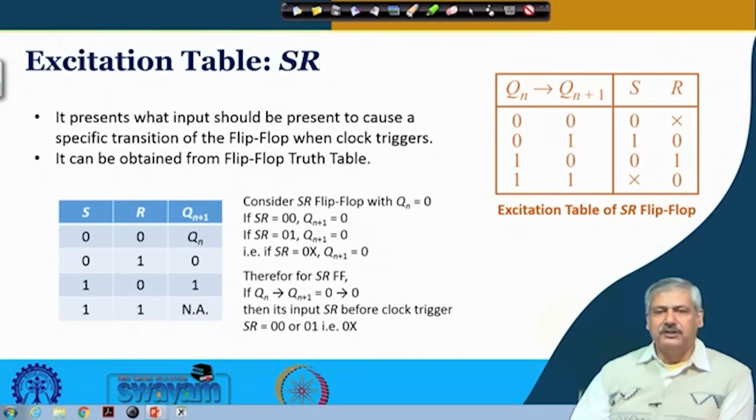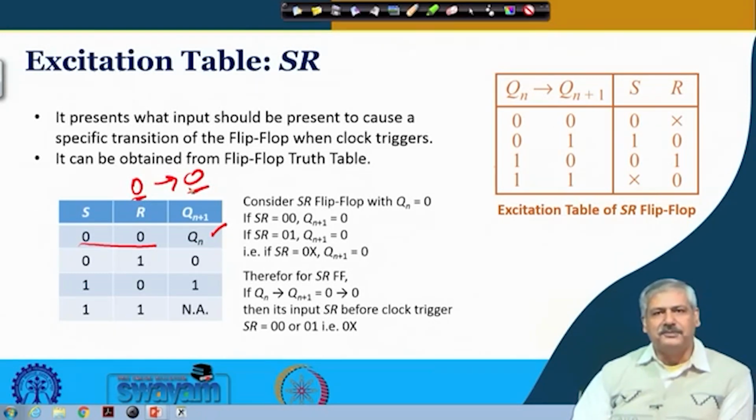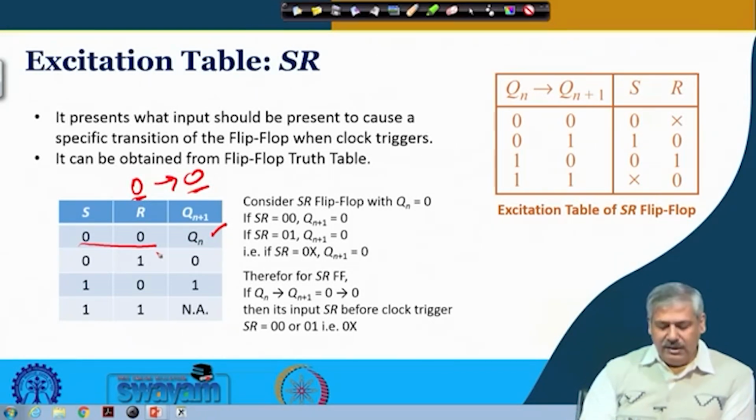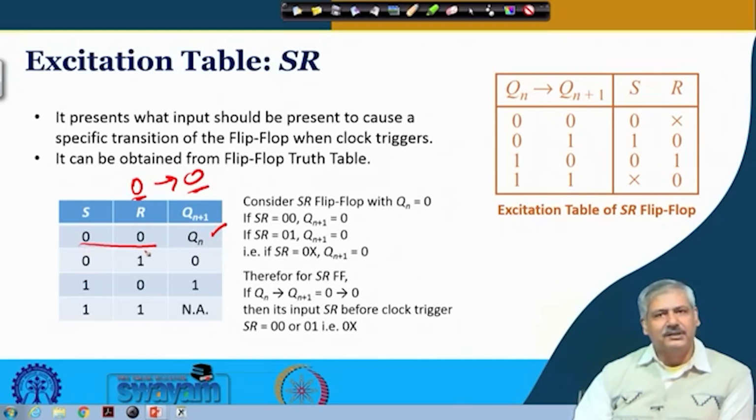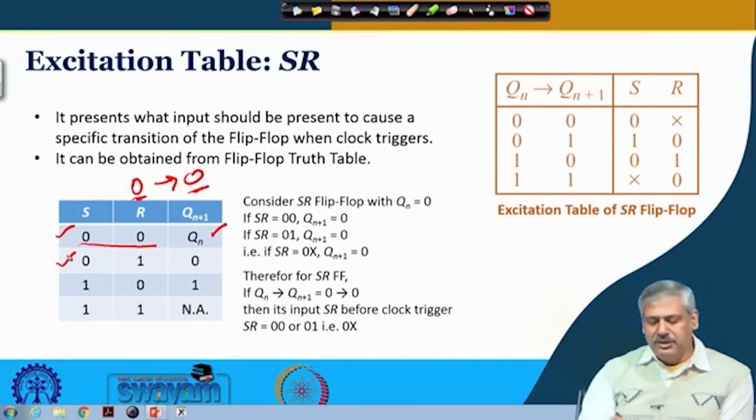If the previous value was 0 and the next value is also 0, then it will occur when the input is 0 0, that is possible. And instead of the input being 0 0, if the input was 0 1, then also the next state will be 0.